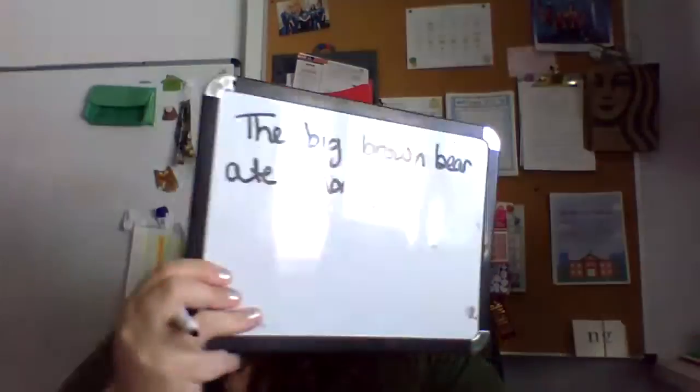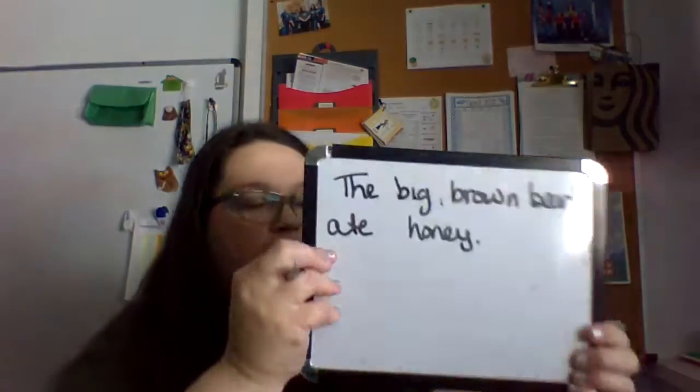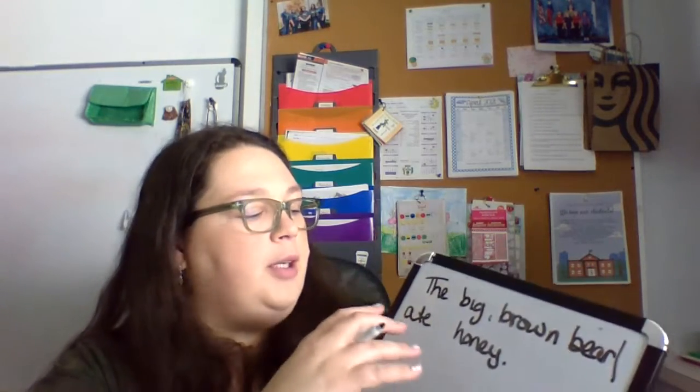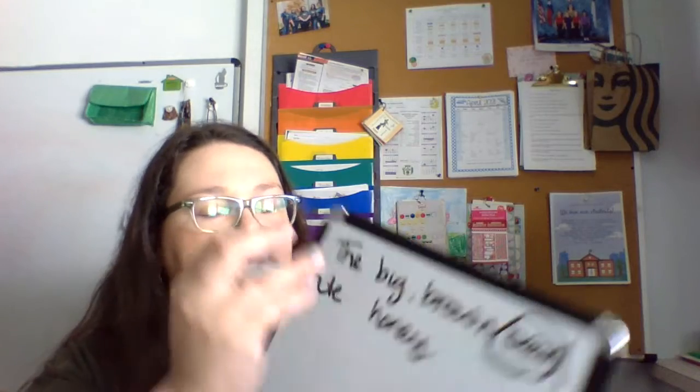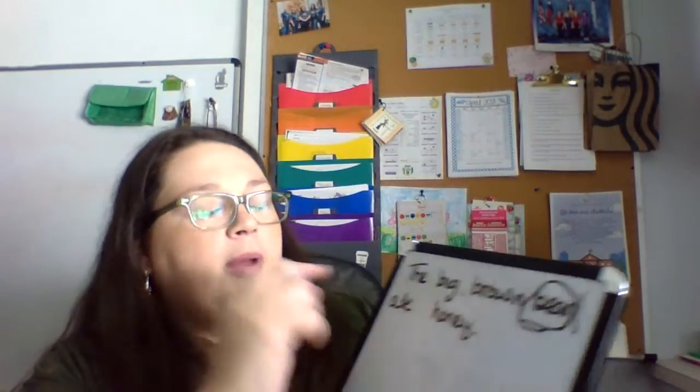The subject of the sentence is the big brown bear. And then the action part is ate honey. But the main word in here is bear, because bear is what the sentence is about. That's the noun. The big and the brown, those are adjectives, those are describing. So we're looking for the main word, and for this one, it's bear.